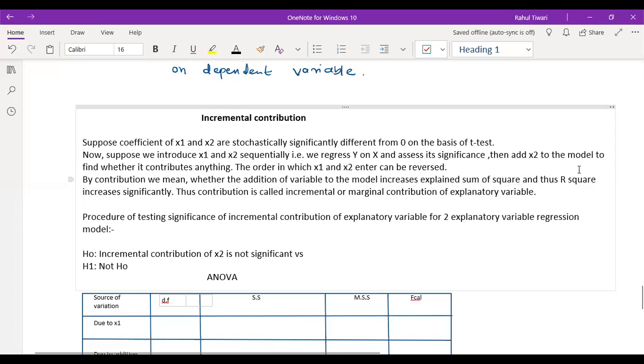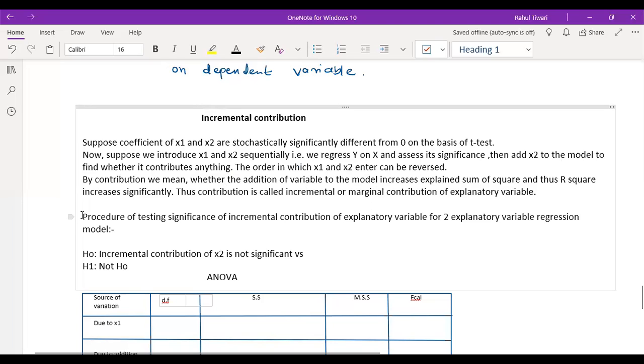So this I want to check: whether the addition of a variable to the model increases the explained sum of square. If it is increasing the explained sum of square, then R square increases significantly. Thus, this is called the incremental or marginal contribution of an explanatory variable.